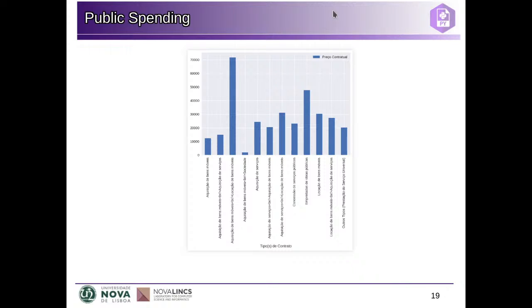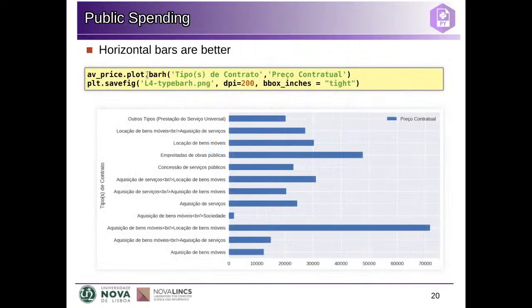This is not a very good plot because of the large size of these labels, but we can do it a bit better. We can do a horizontal bar plot, and now we have the contract types here, and this is the average price for all the contracts.